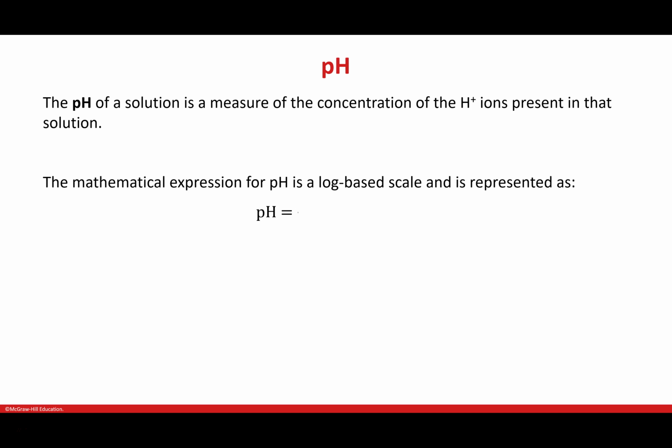The P in pH is actually just a mathematical function. Anytime you apply a P function, you basically take the negative log of that quantity. So pH is the negative log of the hydrogen ion concentration.